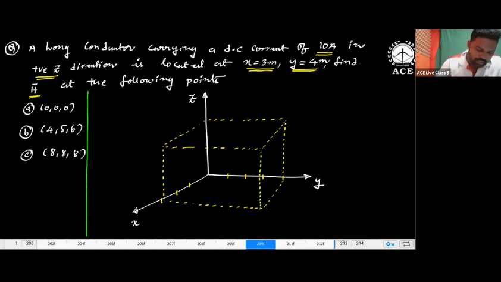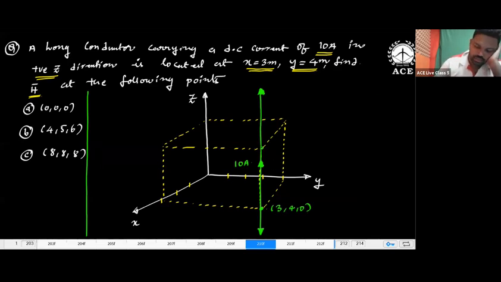This is how this infinite line current is located, somewhere here. So in which direction is the current flowing? Like this. How much is the current? 10 amperes current. What is this point? Here it is 3, 4, 0.